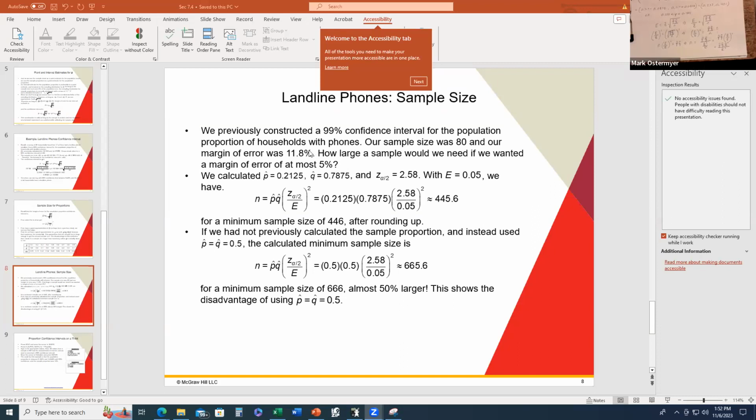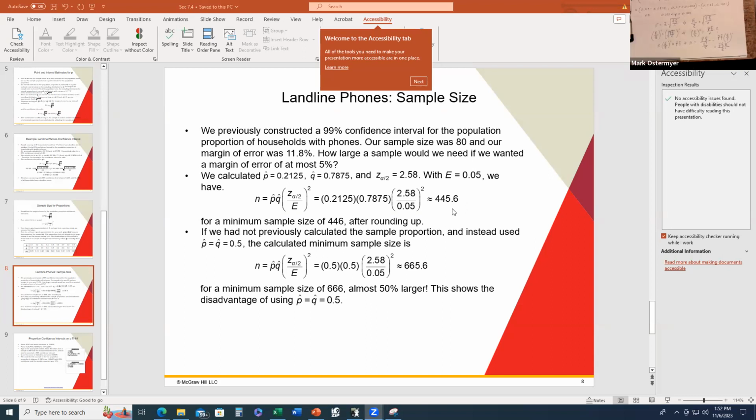Suppose we did not know p hat. Well, in that case, we would have to default by setting p hat, q hat equal to 0.5. We put things back into the sample size formula, crank it out, and notice if we don't know p hat, we would have to choose a larger sample size of at least size 666, which is almost 50% larger than our original sample size.